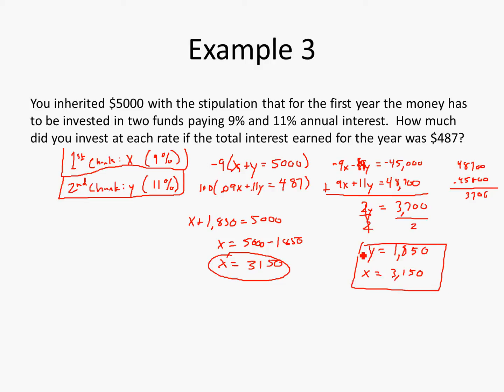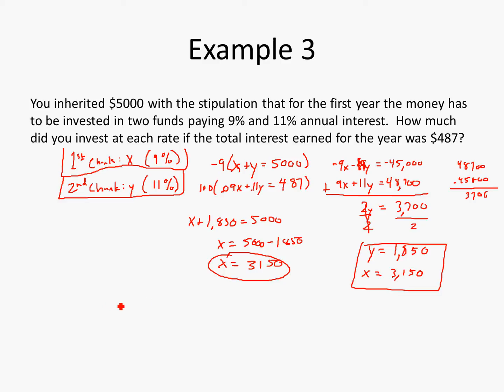Okay, now let's think about the interpretation. We wouldn't want to put this as an ordered pair here, because it wasn't originally a problem like that. If I read you this problem, that you inherited 5,000 and broke it into two pieces, and you tell me x is this, y is this, I'd say, well, what is x and y? So you have to spell it out.